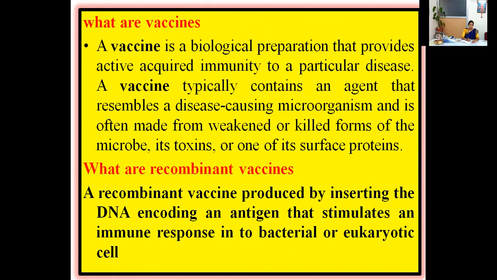Its toxins or one of its surface proteins can be used as vaccines. You can also recall, what are recombinant vaccines? A recombinant vaccine is produced by inserting the DNA encoding an antigen that stimulates an immune response into a bacterial or eukaryotic cell.